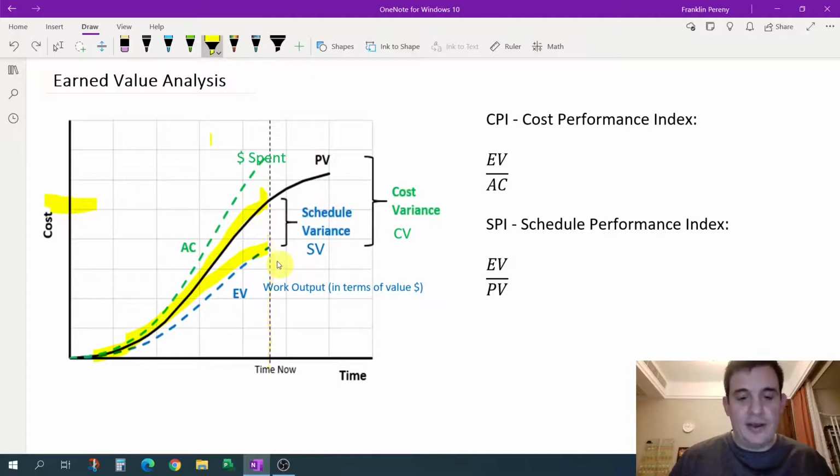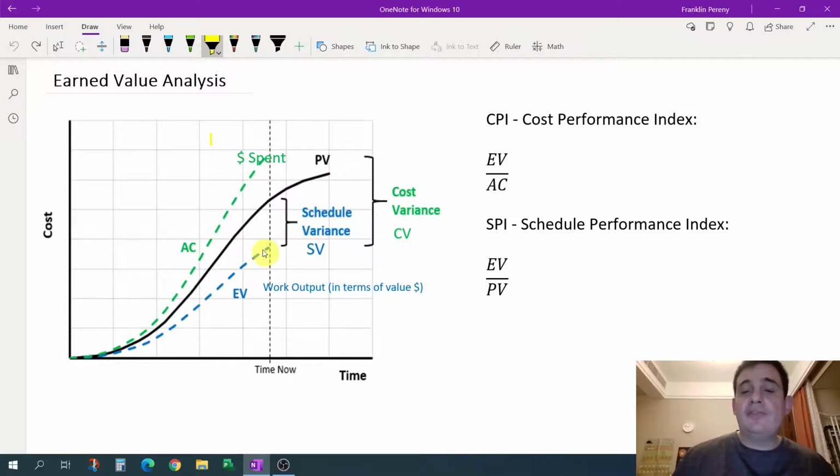So that's why the schedule variance is represented by the difference between the PV line and the EV line. The reason it's the difference is the PV line represents how much work should have been done at this point in time in terms of dollars, like we just talked about. And the EV line represents how much work was actually done in terms of dollars. Okay, so that's your schedule variance.